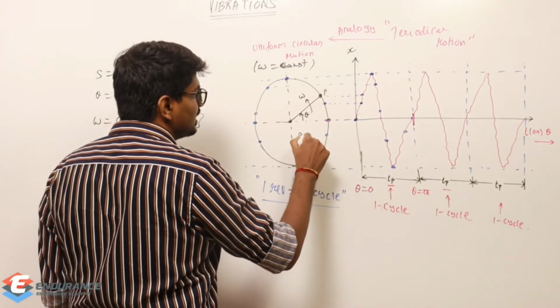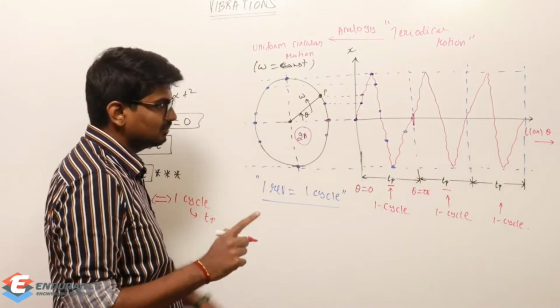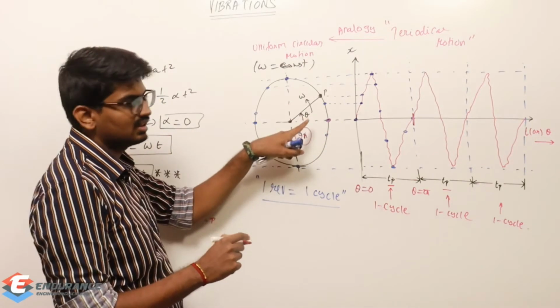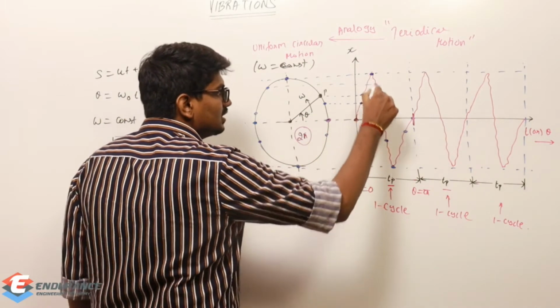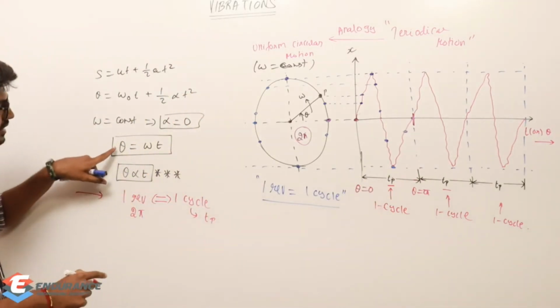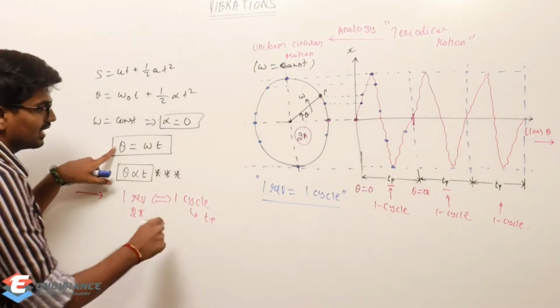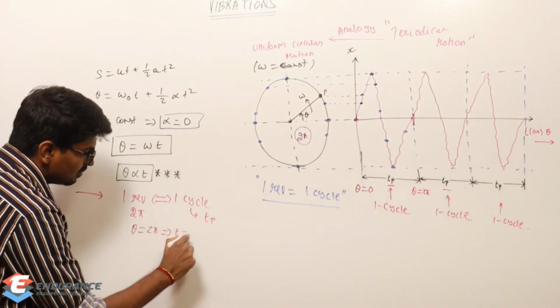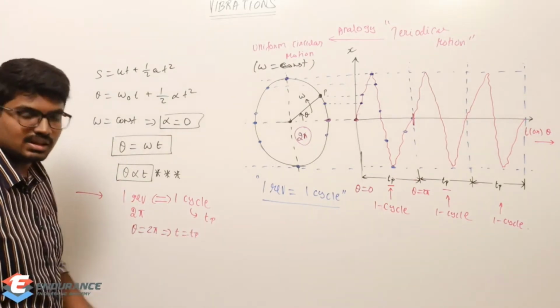During the time when this particle covers 2 pi radian, which means 1 complete revolution, this particle covers 1 complete cycle. So can I say when theta is 2 pi, my time taken to cover will be Tp?